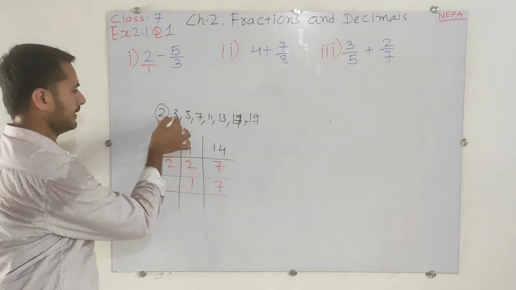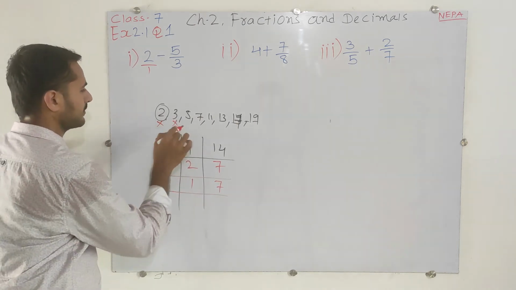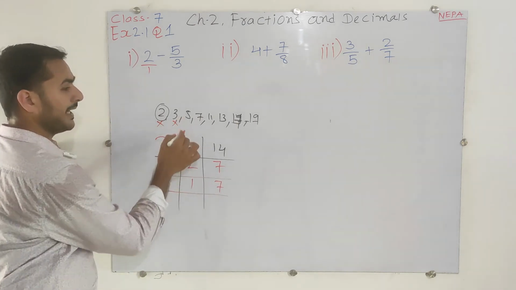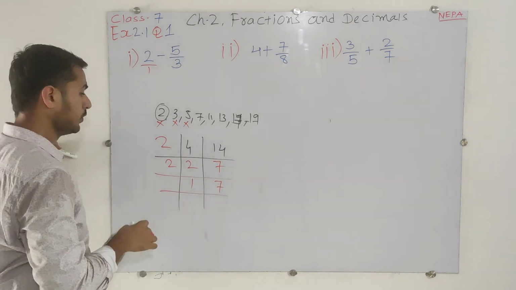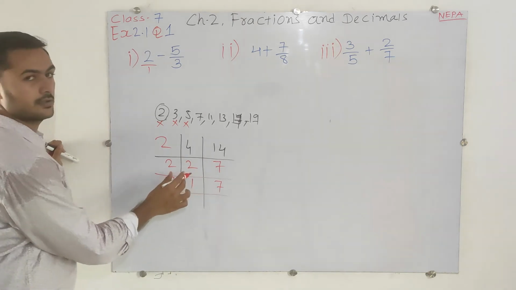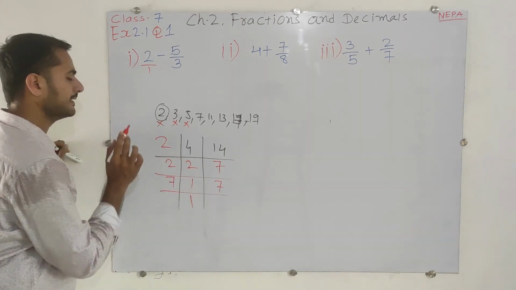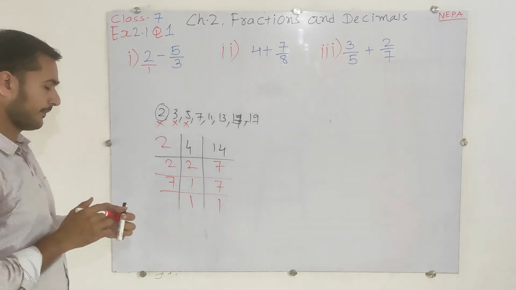Now just see the 3. Can we divide 1 and 7 with 3? No. It means we cannot use that. 5? No. 7? Yes, we can do the division with 7. Whenever you see the 1, you have to write 1 as it is, and 7 ones are 7.